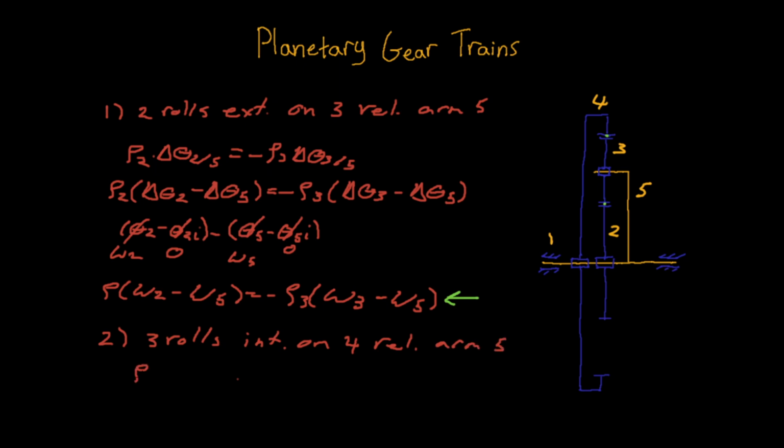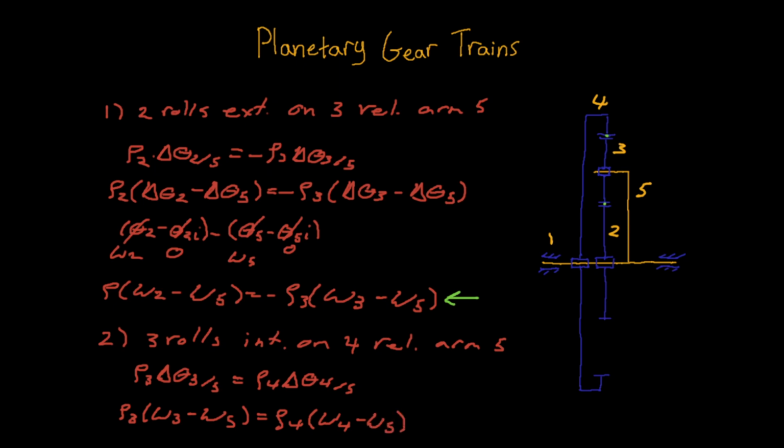And that becomes rho 3 delta theta 3 relative to 5 is equal to a positive, because it's an internal rolling contact, rho 4 delta theta 4 relative to 5, and we can differentiate with respect to time to put it in terms of angular velocities, and we get rho 3 times omega 3 minus omega 5 is equal to rho 4 times omega 4 minus omega 5. And that's our second equation.